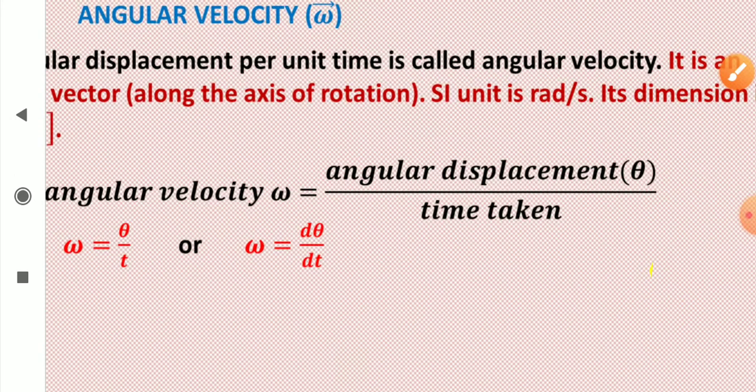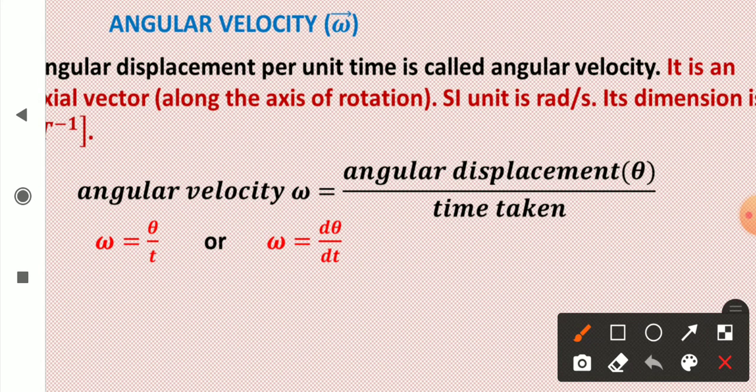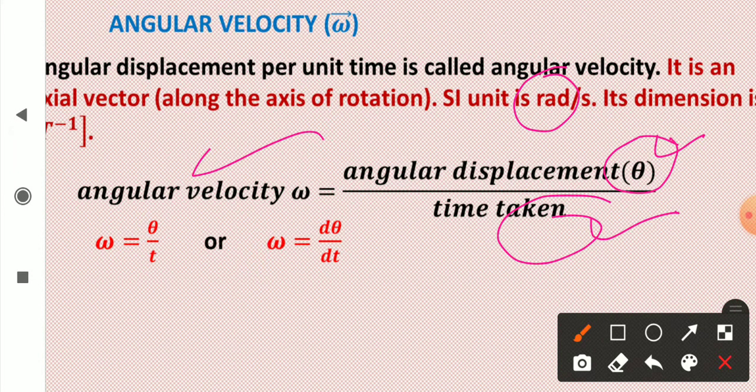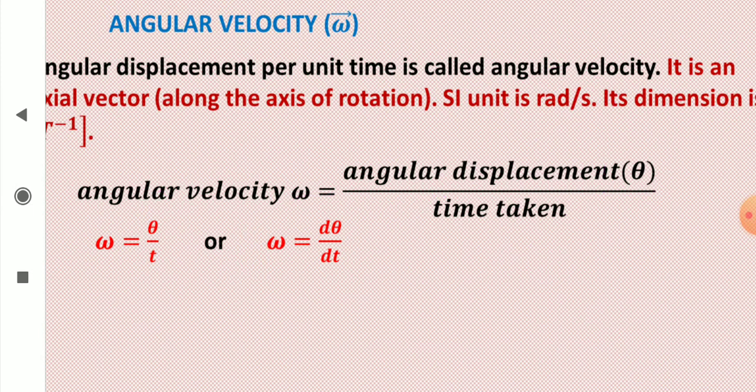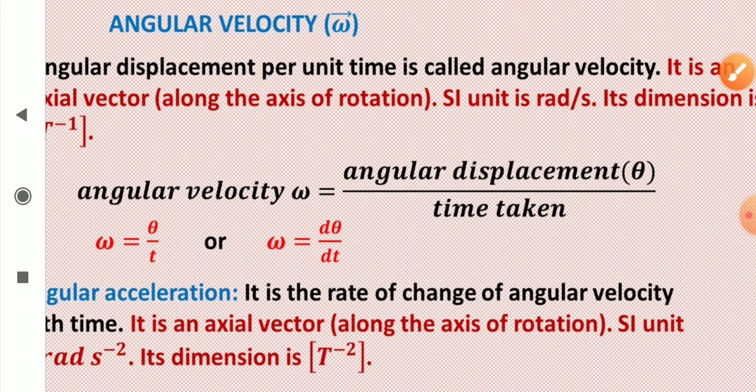So you see that angular velocity is angular displacement upon time. The unit of angle is radian and unit of time is second, so its unit is radian per second and dimension will, of course, be T minus 1. The formula is omega is theta upon t, or we can also write omega as d theta upon dt, or delta theta upon delta t.